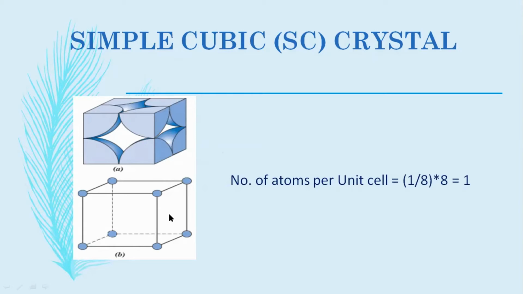So atom occupancy of the simple cubic system is one eighth times 8 corners, so it is 1. So one single cube of this simple cubic crystal has one atom. So as many cubes as there are inside some particular volume of crystal, that many atoms will be there.